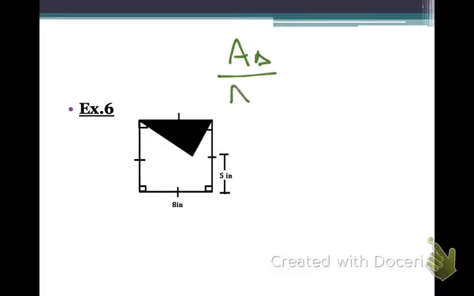My whole thing is the square. So that's the two things you need the area of. All right, so let's do the area of the square. It's 8 squared, or 64.